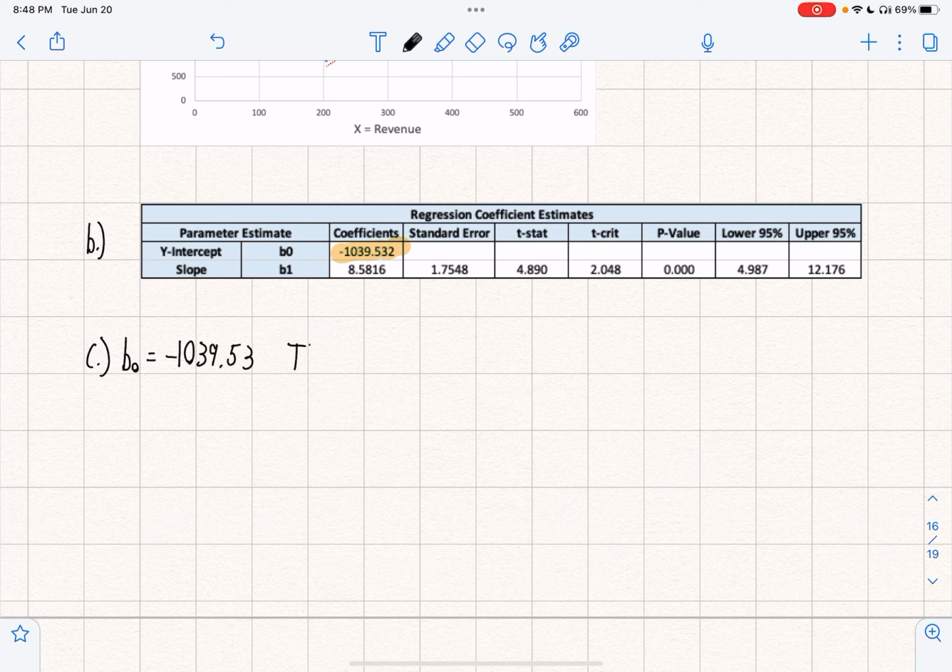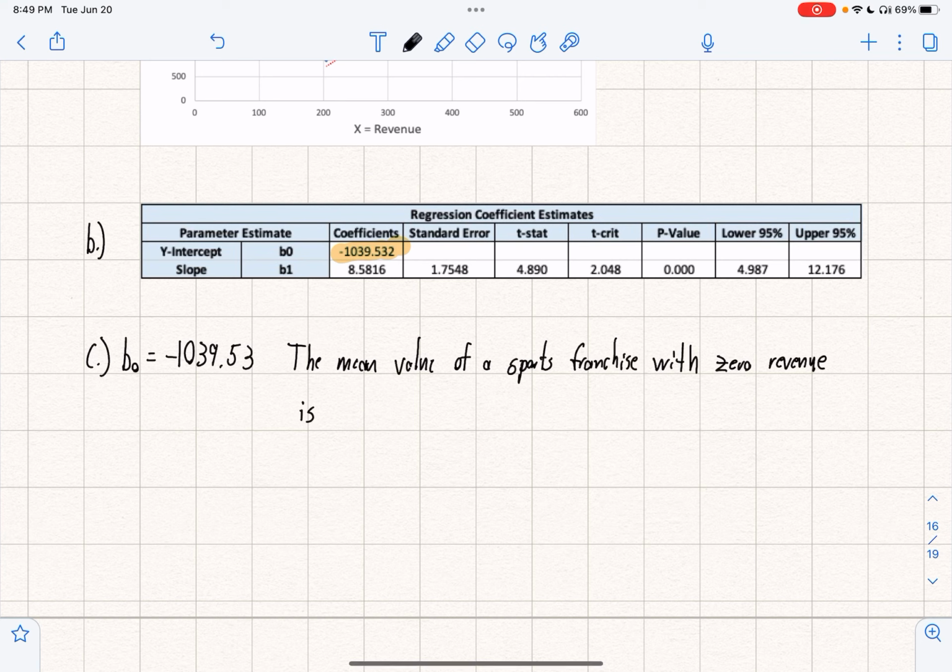So that means the mean value of a sports franchise with 0 revenue is negative 1,039.53 millions of dollars.